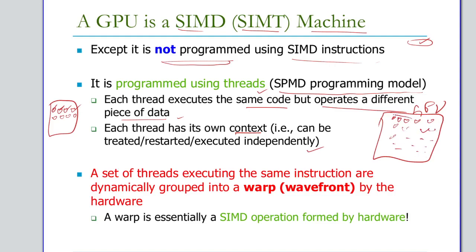Now, can we group these threads? If at all we are grouping these threads, they are called a warp. So a set of threads which will execute the same instruction are dynamically grouped into a warp.